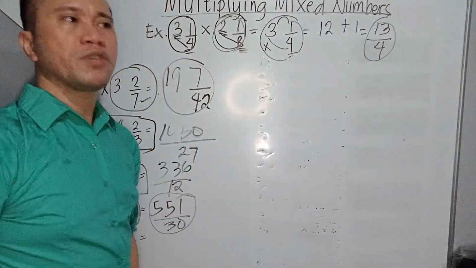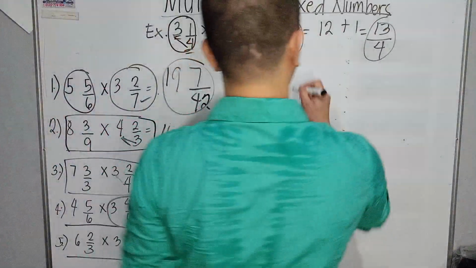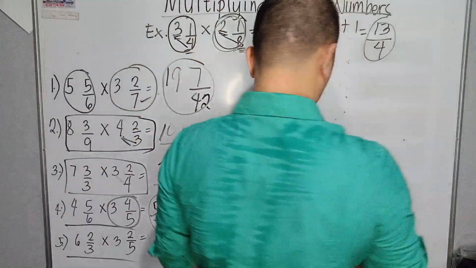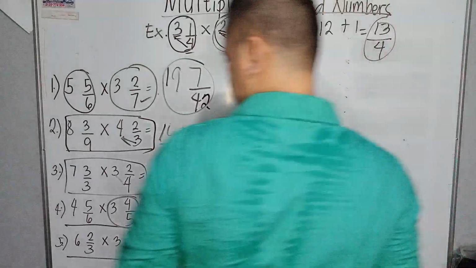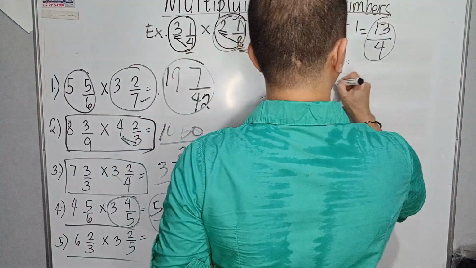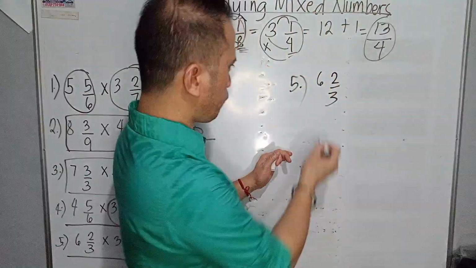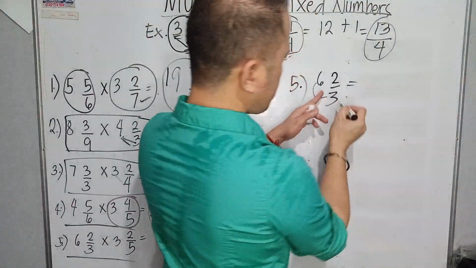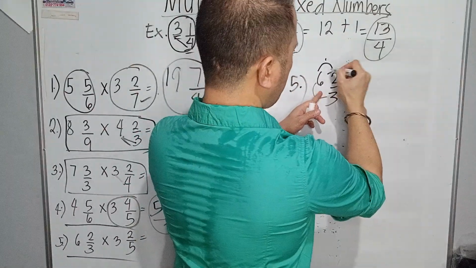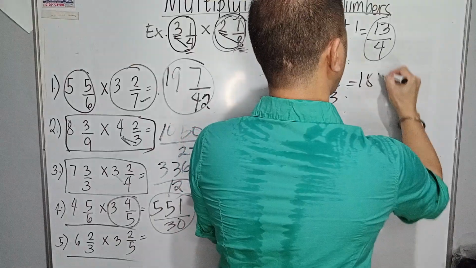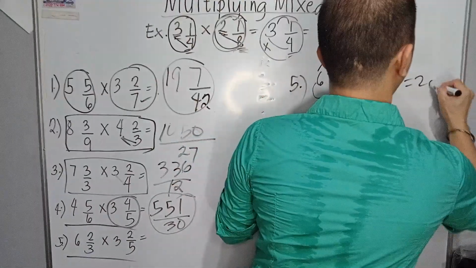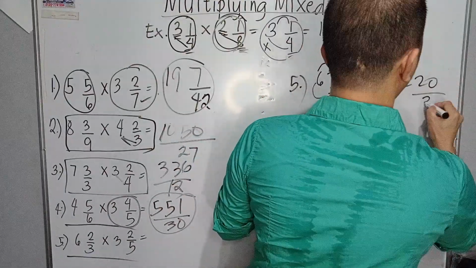Okay, next let's proceed to number 5. Okay. 6 and 2/3. So let's multiply first here. This one is 18. Next plus 2. We have 20 over 3.